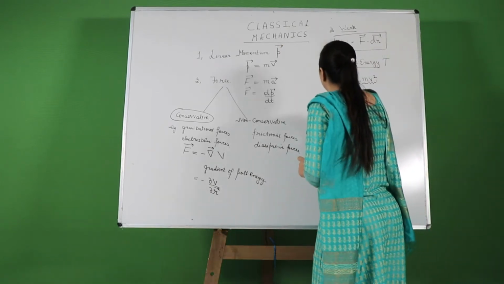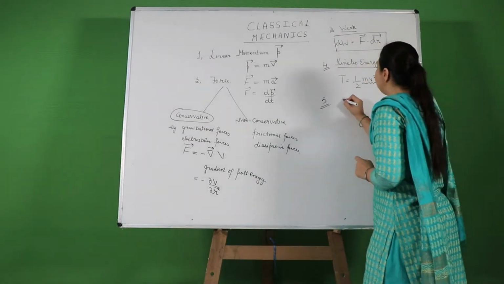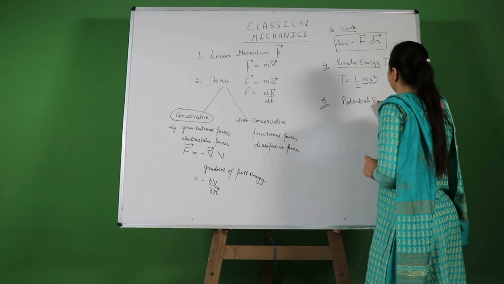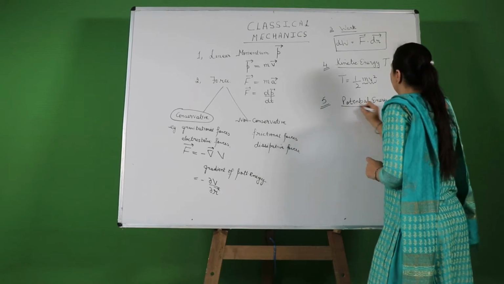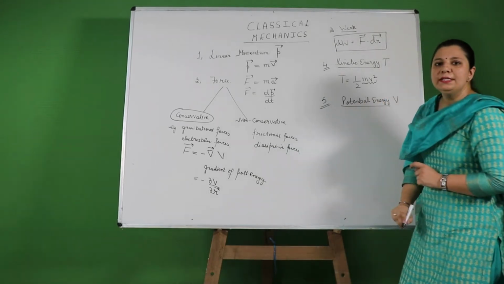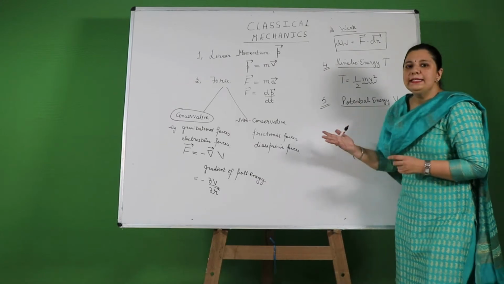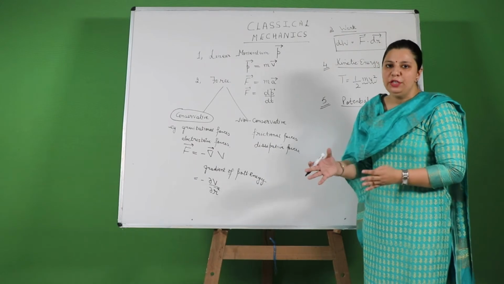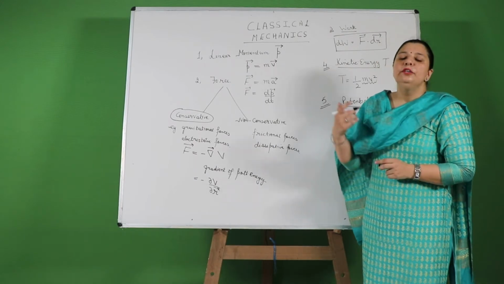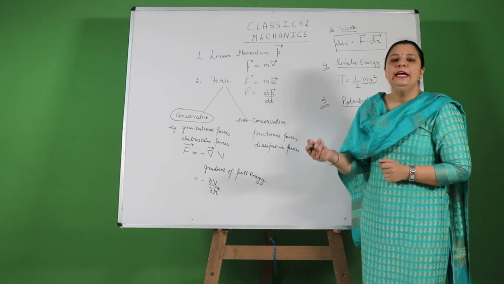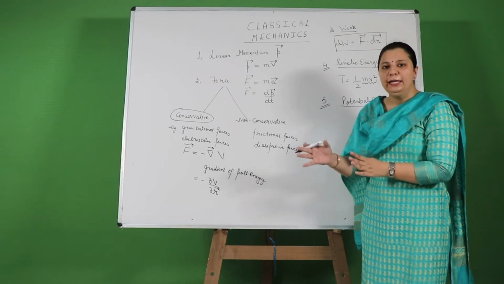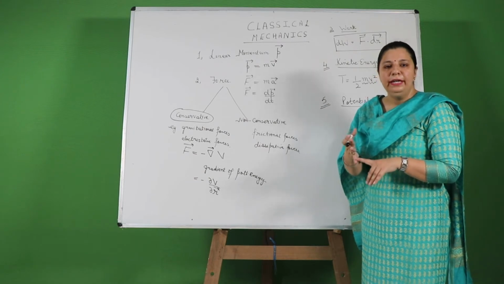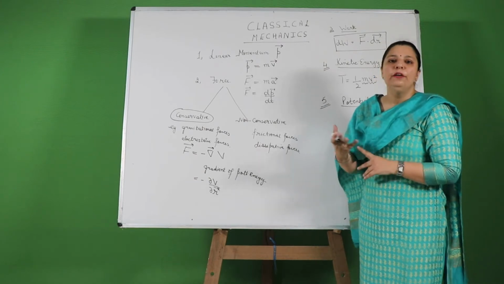Fifth quantity in which we are interested is potential energy. We represent potential energy with the symbol V. It is defined as that energy which is possessed by the body by virtue of its position. For example, the gravitational potential energy is given as mgh, where m is the mass of the body, g is the acceleration due to gravity, and h is the height of the body from the ground.